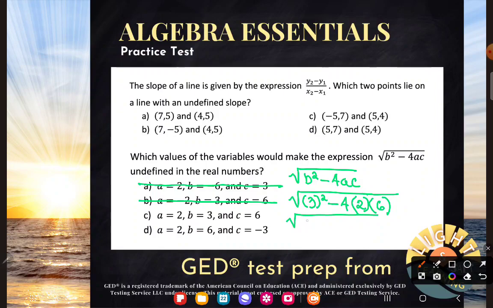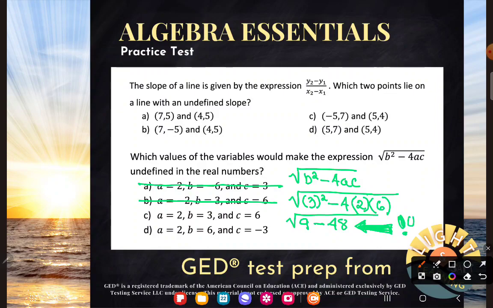Three squared is 9, and from that, just one minus sign, so it's still going to be minus 4 times 2 is 8. 8 times 6 is 48. Oh, there it is, guys. There it is. Oh, do you see it? 9. I only have 9, and from that, I'm going to take away 48.